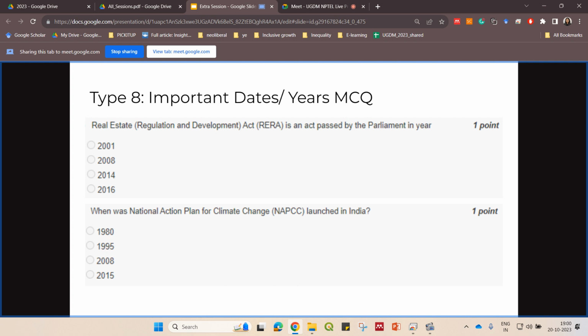Similar to full forms, you can make a list of important dates or important years that you have studied in the entire course, and then you can memorize the dates, or read further on the context of the particular act or event that the question is talking about, so that you can better remember when it was introduced and what impact it had, or you can just memorize the dates or years.